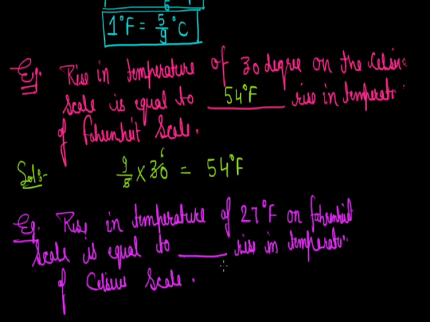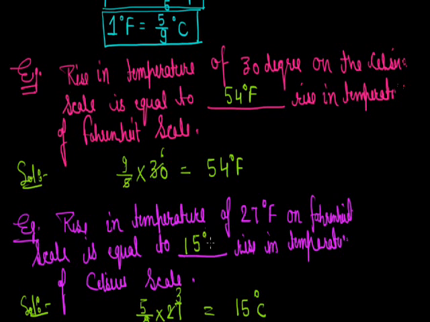As we know, 1 degree Fahrenheit equals 5 by 9 degrees Celsius. So the solution is so simple: a rise in temperature of 27 degree Fahrenheit will equal 5 by 9 into 27, which means 15 degree centigrade.